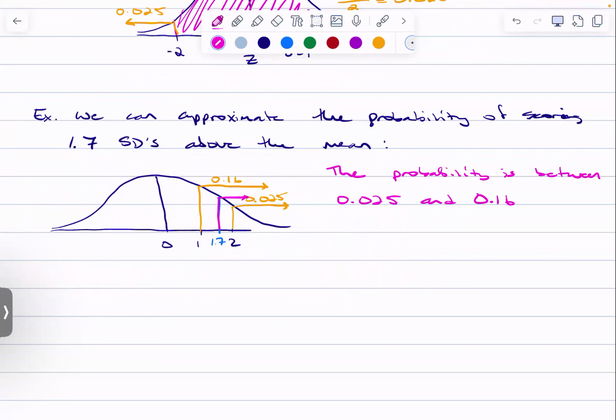We need to use software, right, to get a more precise estimate. But it is an approximation. It's just not very good.